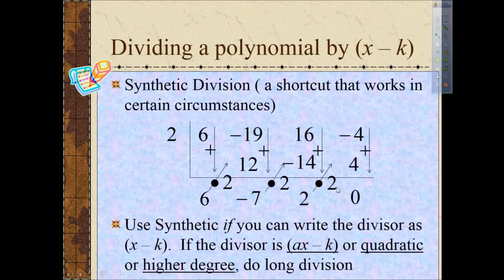All right, so great. I did this add, multiply process, add, multiply, add, and I got a remainder, or I got this 0. What does all this mean? Well, maybe you recognize the 6, the negative 7, and the 2 as the coefficients of our quotient. 6x squared minus 7x plus 2.